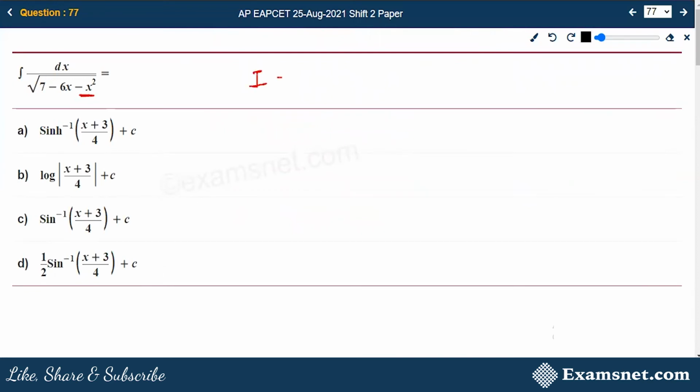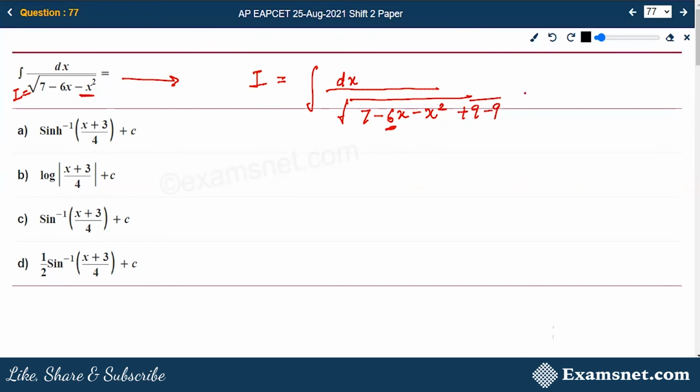So I'll put this equal to some I, and I is equal to integral of dx upon this 7 minus 6x minus x square. See, this is minus 6x, so over here, in this case, the b will be 3. So I'll be adding 3 square, which is plus 9 and minus 9 in this case, right?